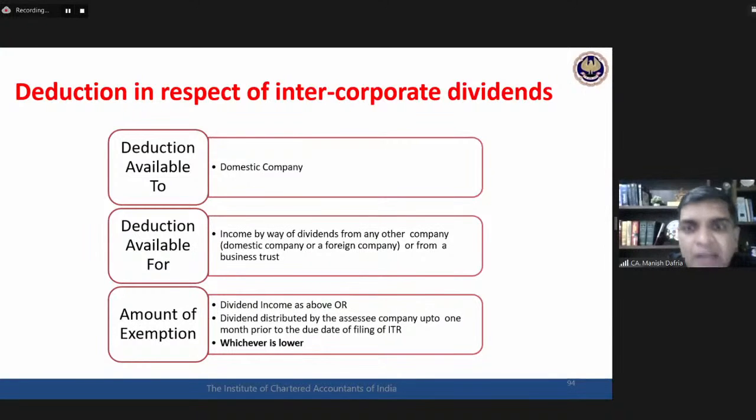One month prior to the due date of filing of ITR, not necessarily in the same year in which I have received. I will be receiving it somewhere in the financial year 2021.